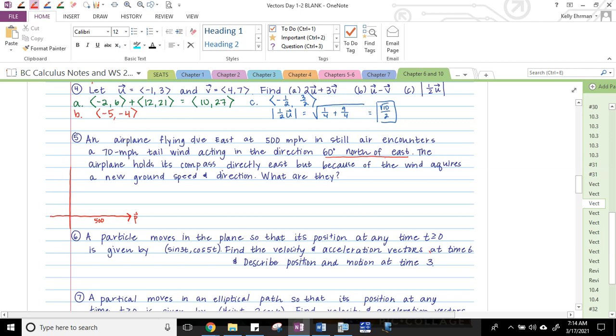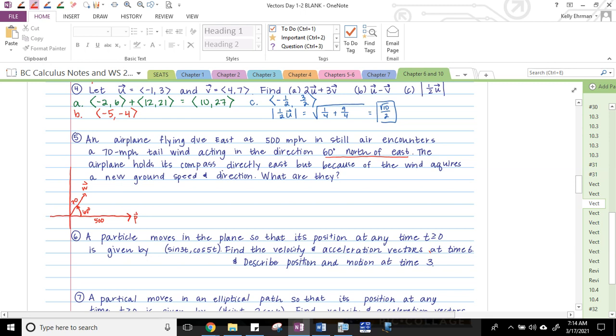If you have a tailwind acting in the direction north of east, you're looking east and going north of that 60 degrees. Okay, so that's like that. And that little guy is 70 miles per hour. We'll call that wind, W.